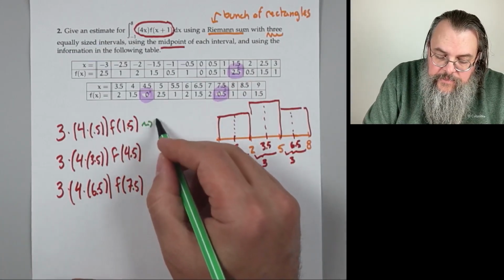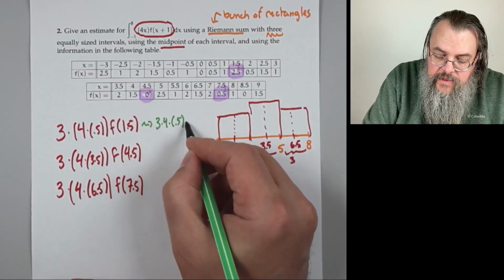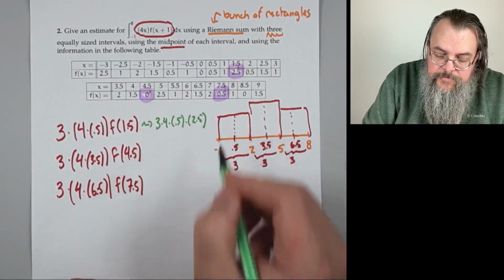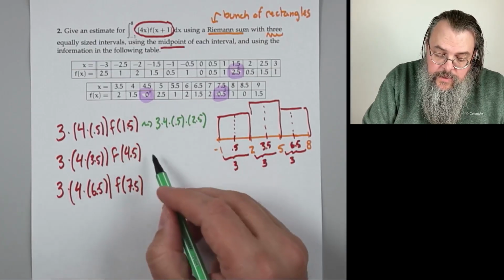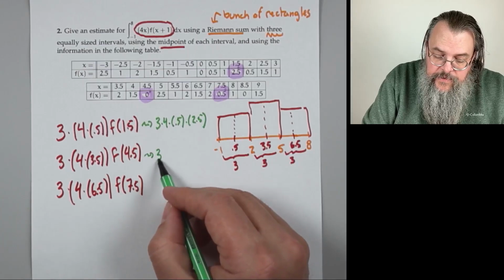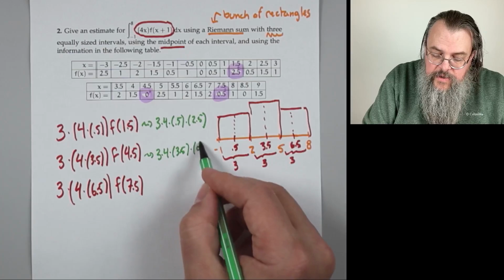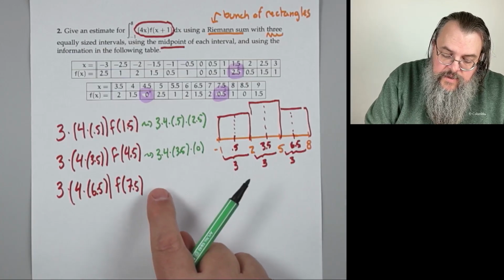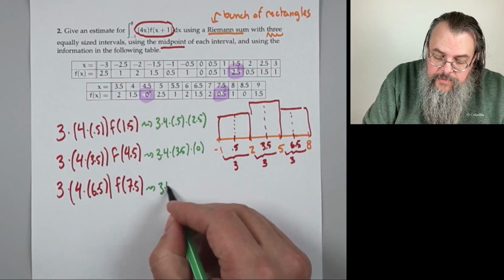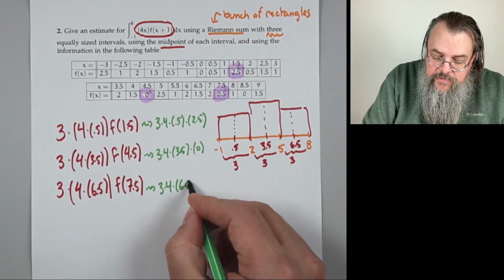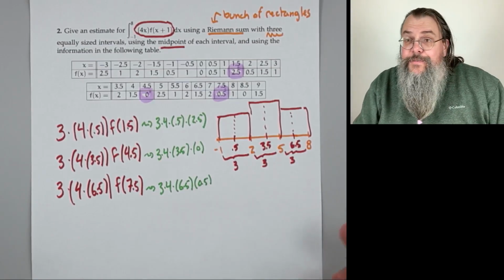So we have 3 times 4 times 0.5 times 2.5. Here, 4.5, we have 0. So we have 3 times 4 times 3.5 times 0. And finally, we're going to have 3 times 4 times 6.5 times 0.5. Now, one of these is pretty quick.